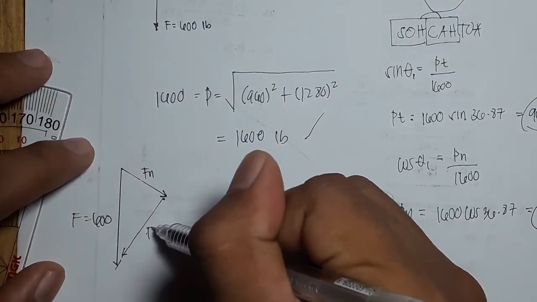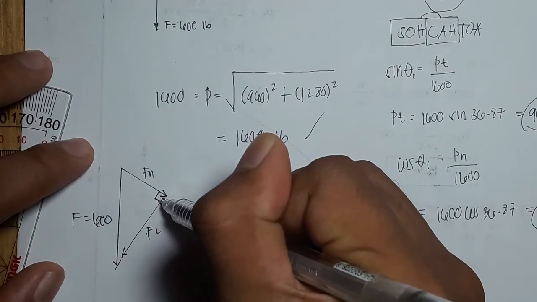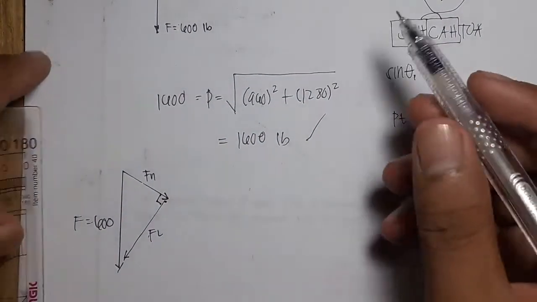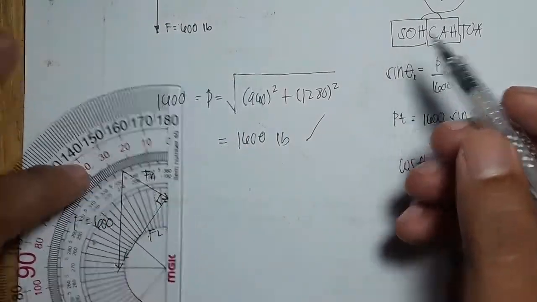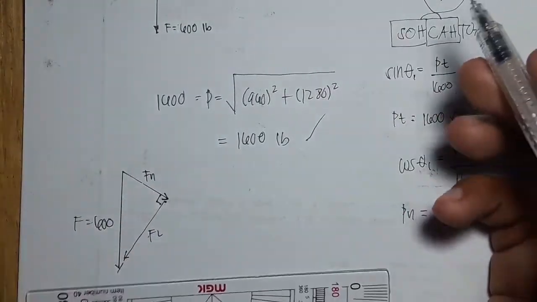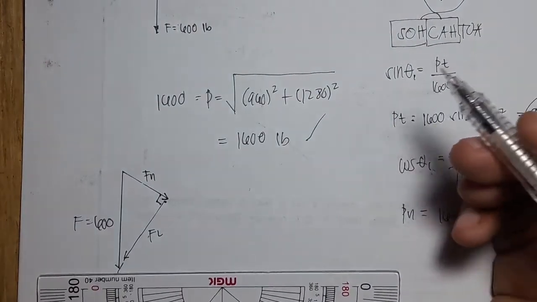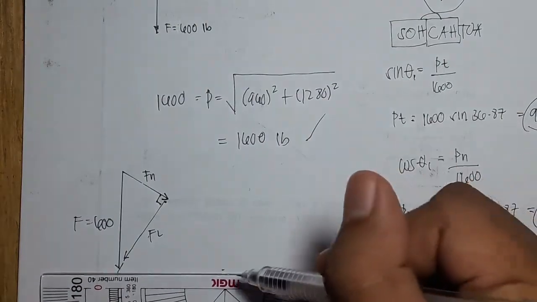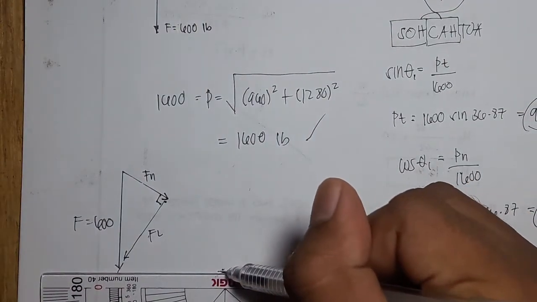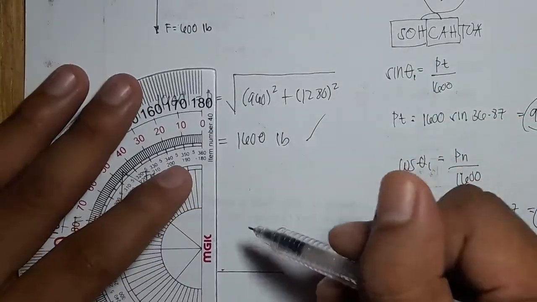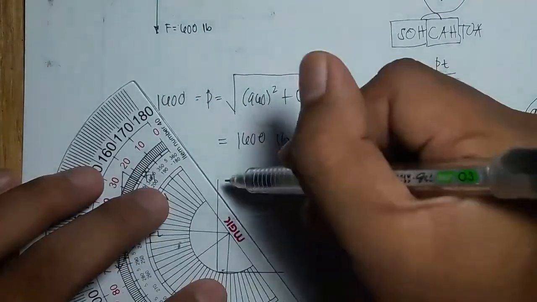So this is 90 degrees. It is confusing, this view, so I would like to just turn it. So this would be just like this.